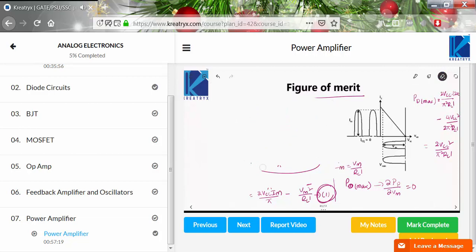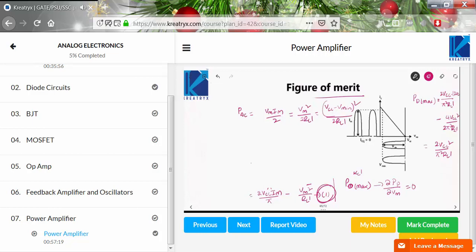Now similarly PAC max. First, for calculation of PAC max, we can define PAC here. PAC is nothing but VM into IM by 2, which is equal to VM square by 2 RL dash, which is equal to VCC minus V minimum whole square by 2 RL dash.